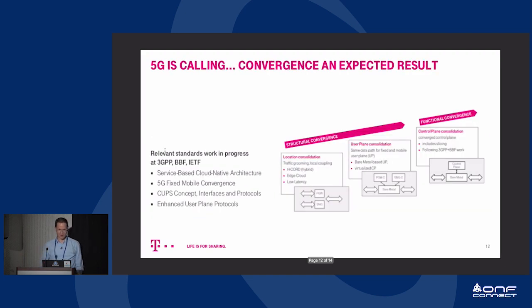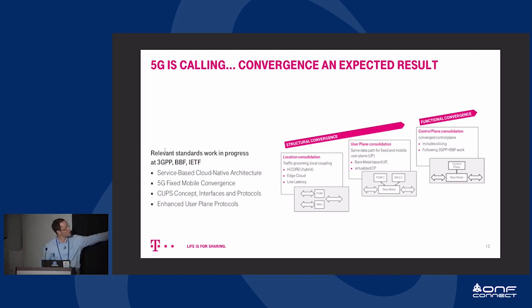So then looking a bit forward right here and right now, 5G is on the agenda, right? 5G is also part of this session's title, and so if we look ahead and having briefly introduced the CUPS as a key concept, there are other concepts that were taken forward and developed into the 5G system architecture, and one that is pretty innovative and very relevant to the deployment is the service-based cloud-native architecture that 3GPP has adopted.